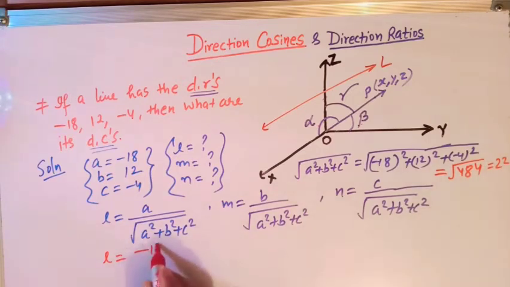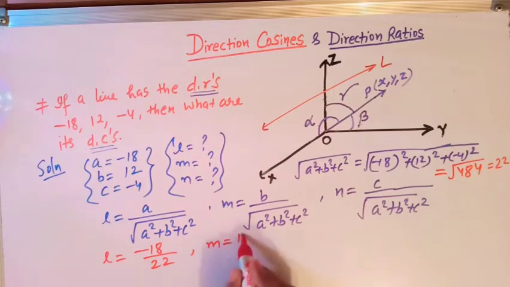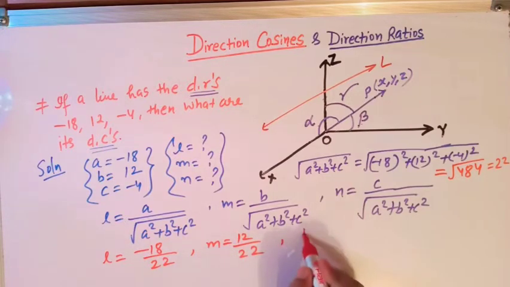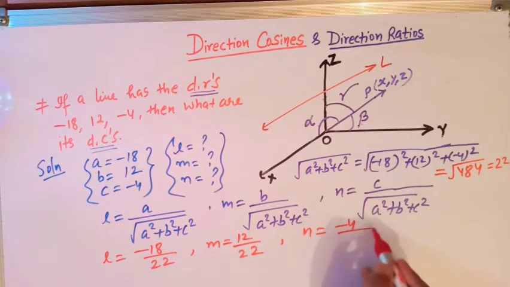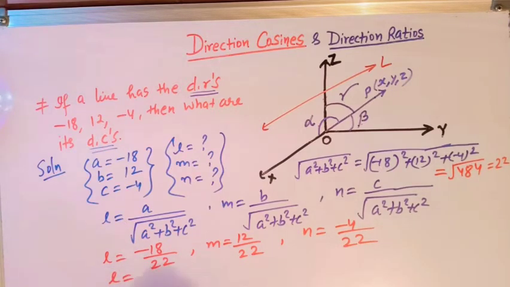So here L becomes A over this term, and this is 22. So we have minus 18 divided by 22, M is 12 divided by 22, and N is minus 4 divided by 22. And now if we simplify it, then we have minus 9 by 11, M is 6 by 11, and N is minus 2 by 11.